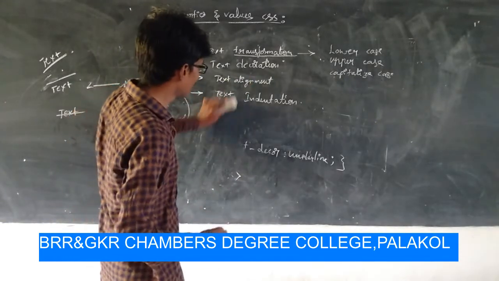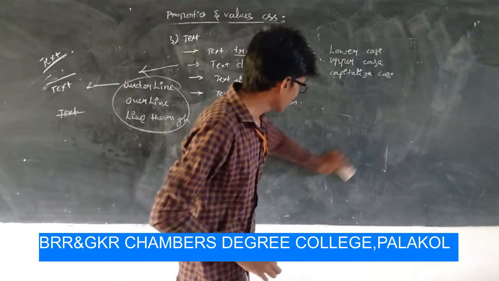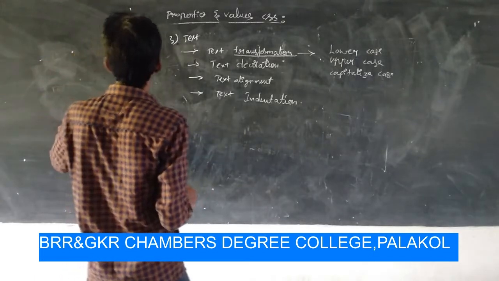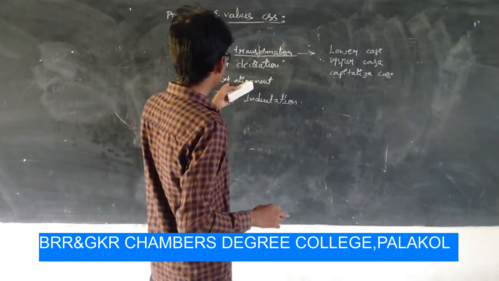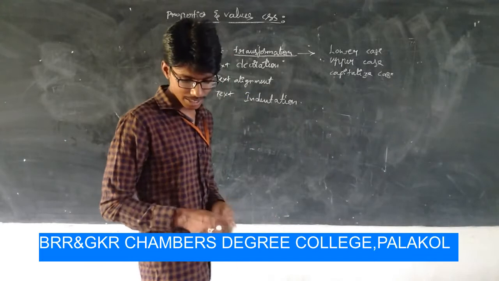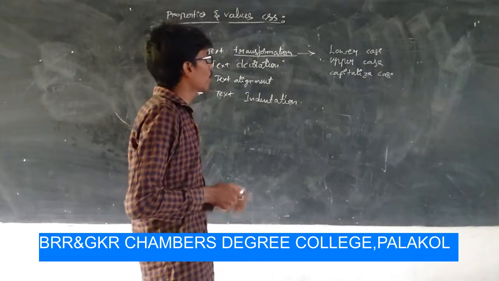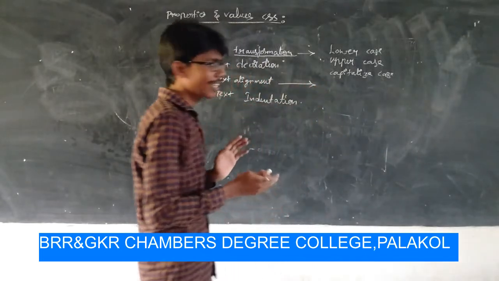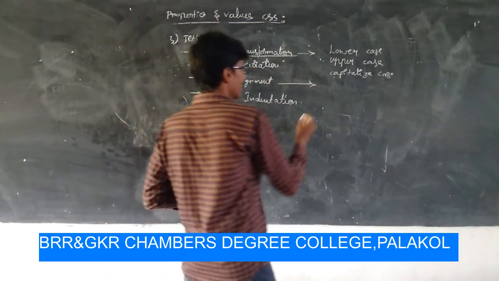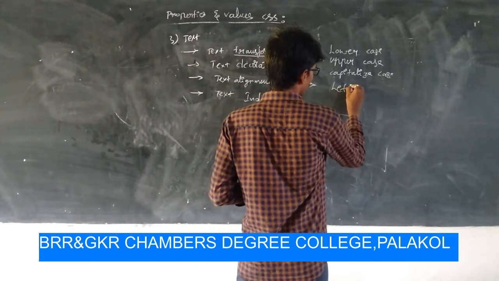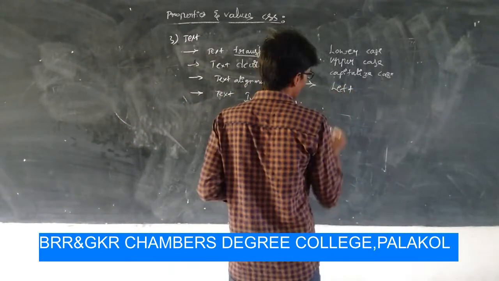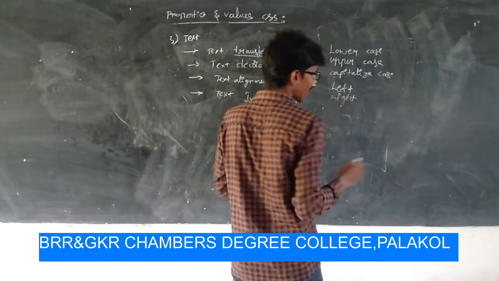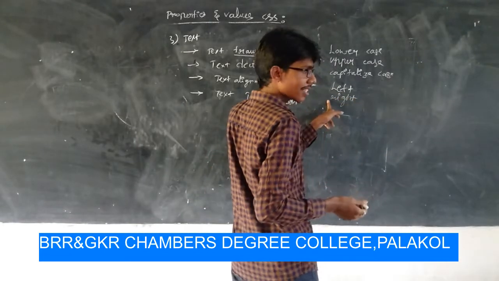Next one is text alignment. That you know about. For example, if you want the total text or content on the left side, you mention the value as left, or if you want the text on the right side, the value is right.